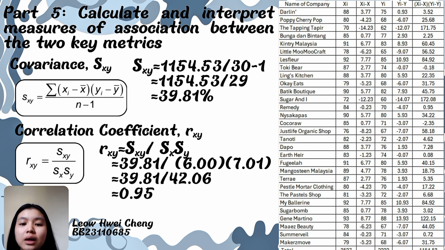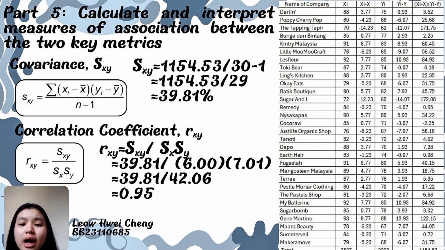Next, we calculate the correlation coefficient. Unlike covariance, the correlation coefficient measures the direction and strength of a relationship. Using the formula shown, we calculate the correlation coefficient to be 0.95.